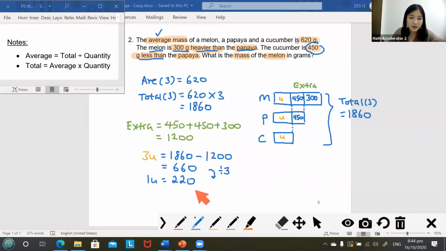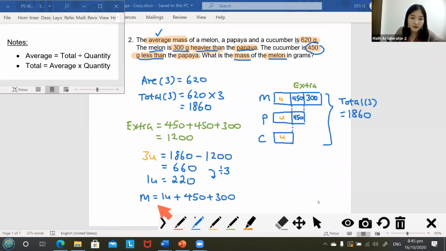Okay, is this our final answer? Remember, 1 unit. You still need to go back to the question and see what they want. The mass of the melon. Okay, so melon is 1 unit plus 450. Yes, you need to add the extra. And 300.